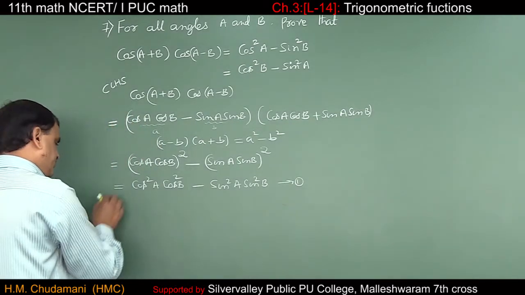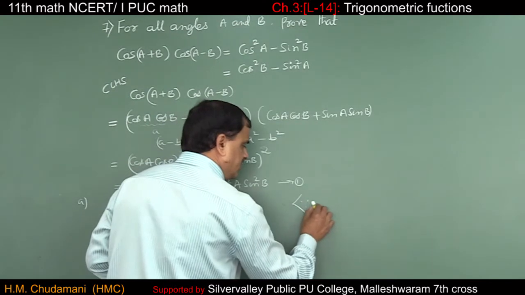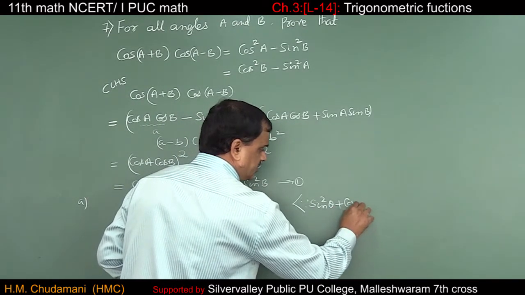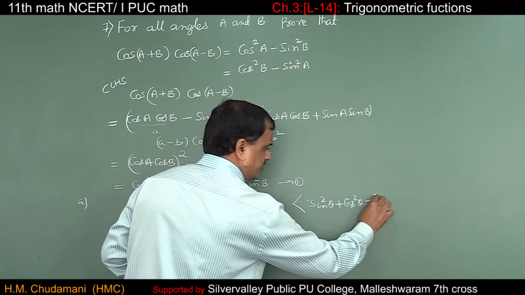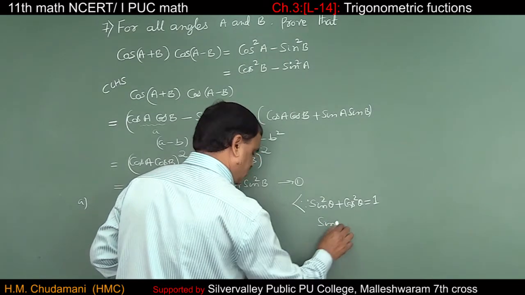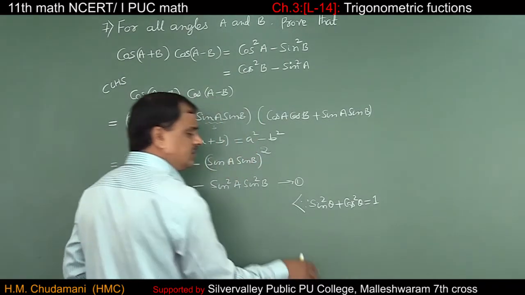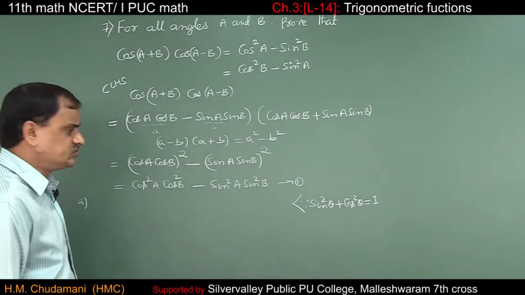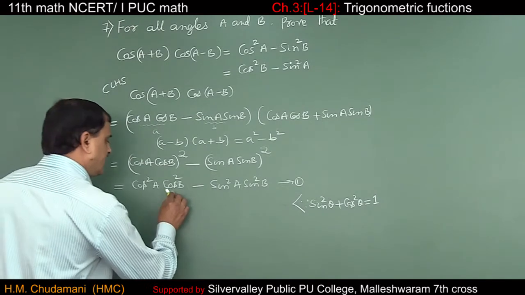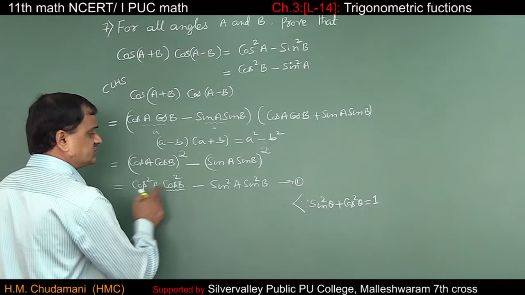Now for the first case we have the identity sin²θ + cos²θ = 1, you know. So sin²θ can be arranged as 1 minus cos²θ, and even cos²θ equals 1 minus sin²θ. In the first case I want cos²a, I don't want cos²b, you know, I need to eliminate cos²b.